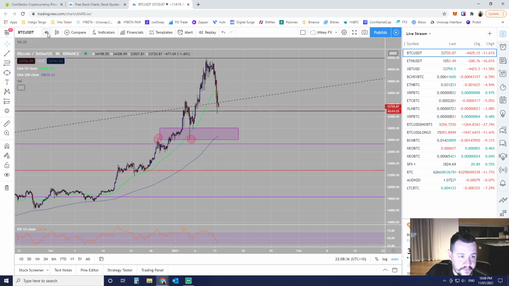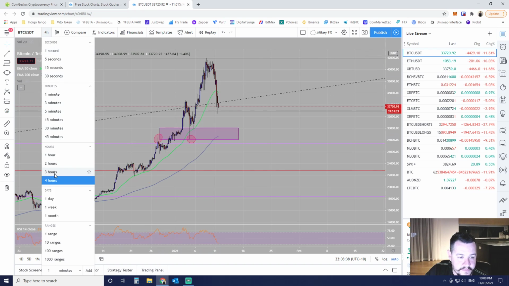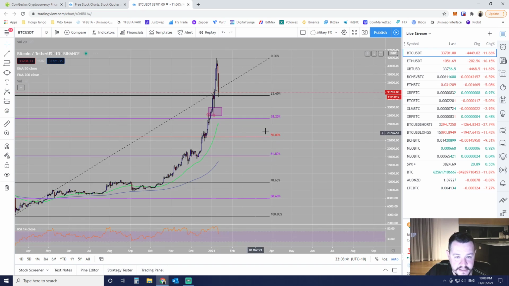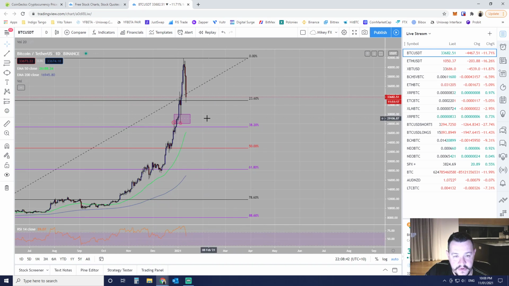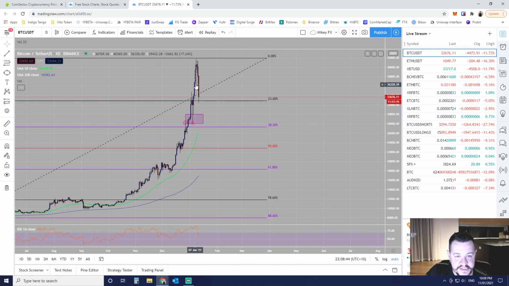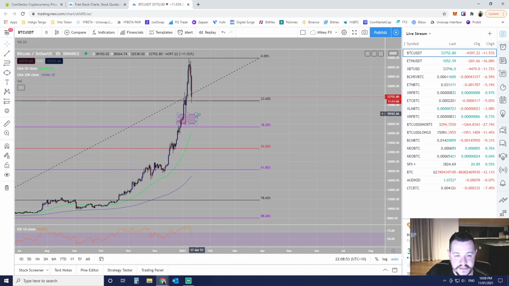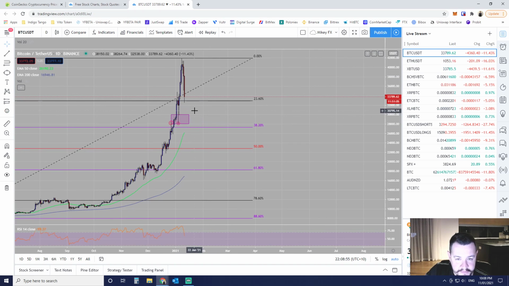From here, if we zoom out a little bit more, if we go back to the daily, for example, if this daily just continues down and closes like a massive red candle, we're going to get some more push to the downside. We'll see what happens around this 30 to 28k level.